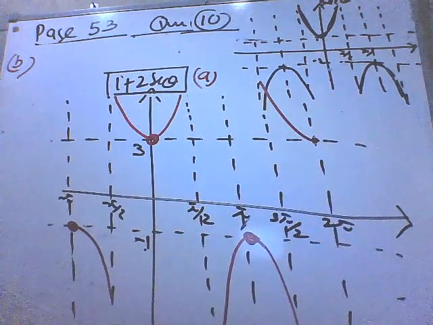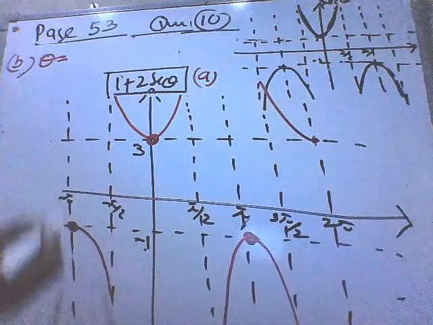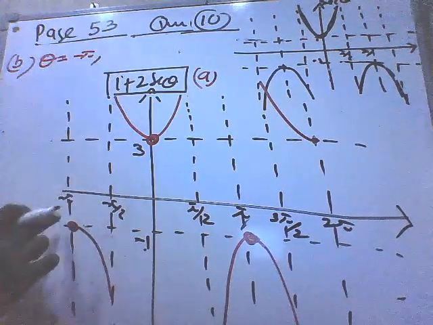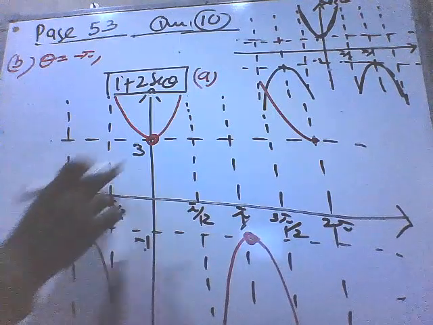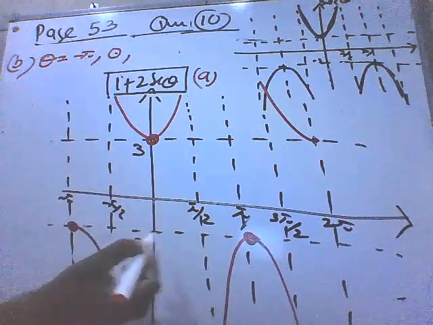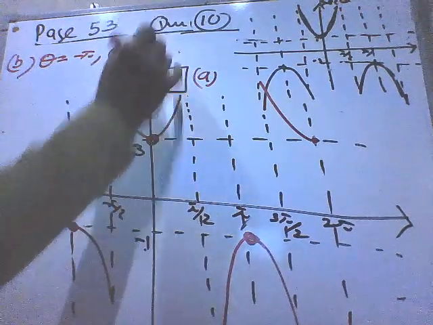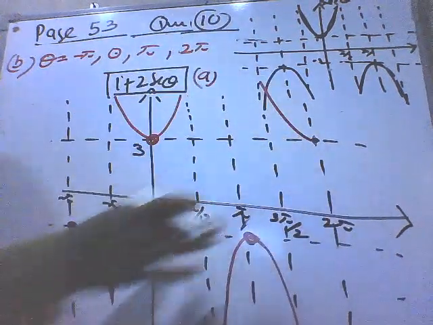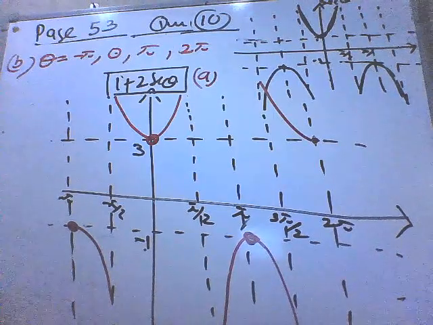So what are the values? Theta is equal to what? Minus pi, and again 0, right? 0 and pi and 2 pi, and at those places the tangent's gradient becomes 0.